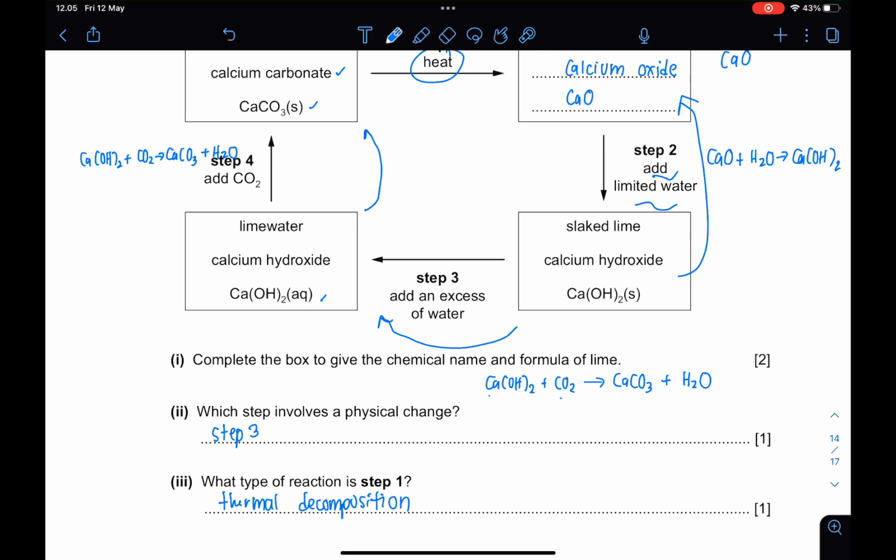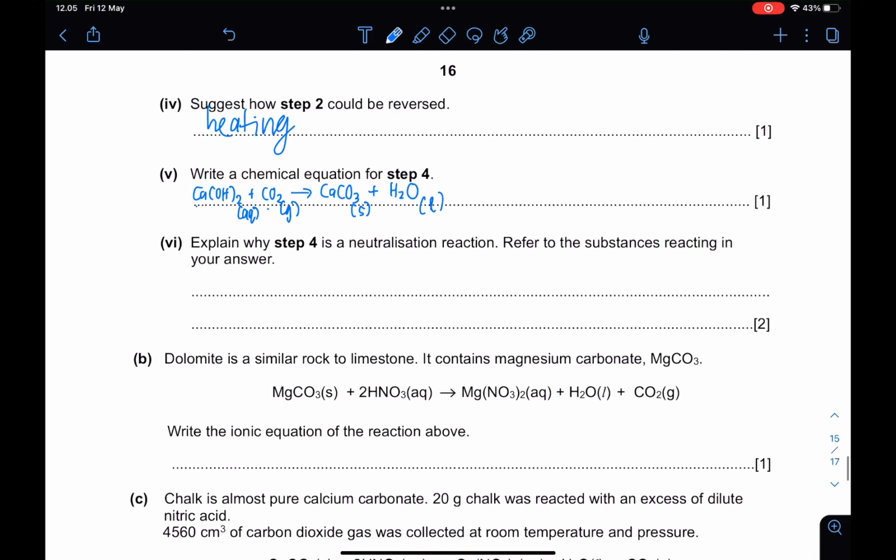Now explain why step 4 is a neutralization reaction. A neutralization reaction is any reaction that produces water. Refer to the substances reacting in the answer.